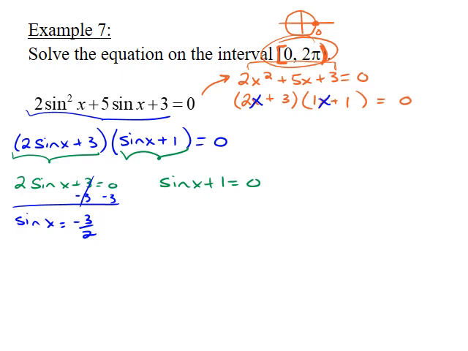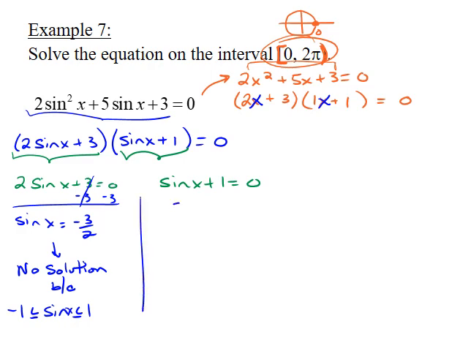Well, in this case here, this equation produces no solution because sine must be between -1 and 1. And in this case, it's not. So there's not going to be any solution produced here. So let's check the next equation.